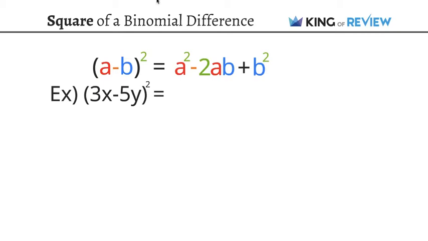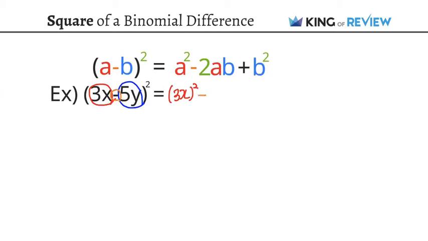Okay? The first one, minus the last one, and the whole squared, that's equal to the first one squared. So 3x squared, right? And then this is minus, right?